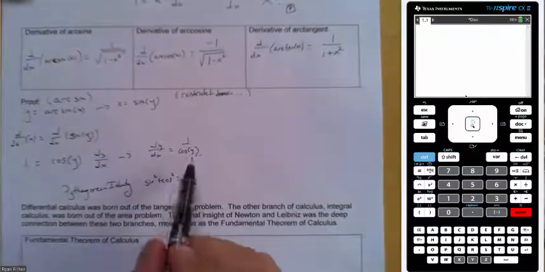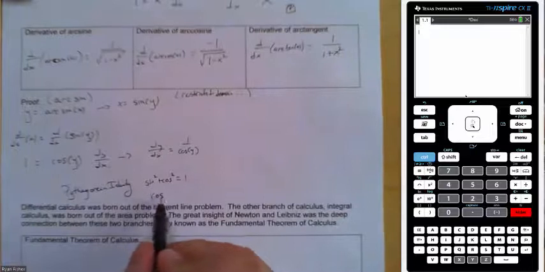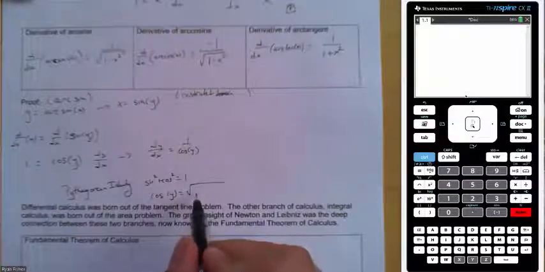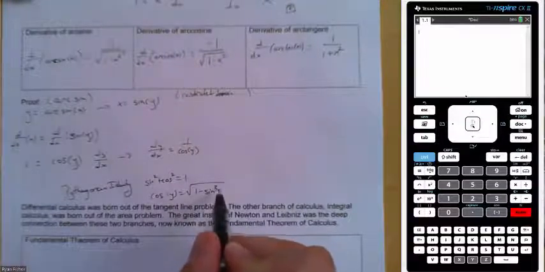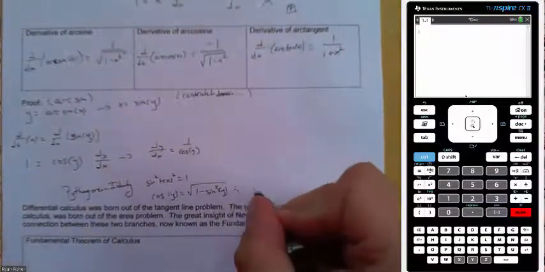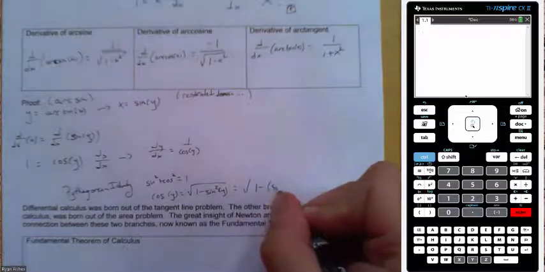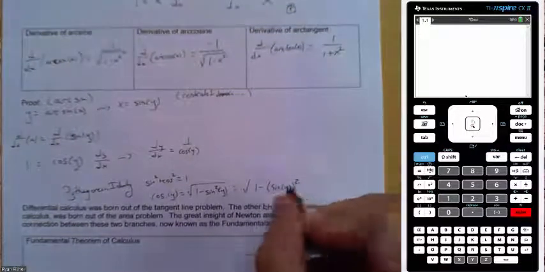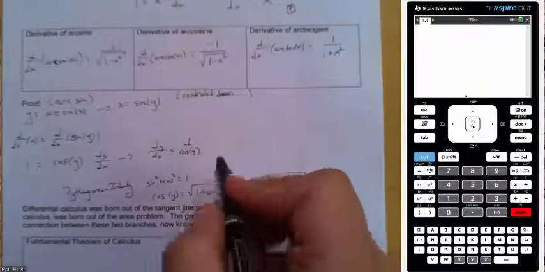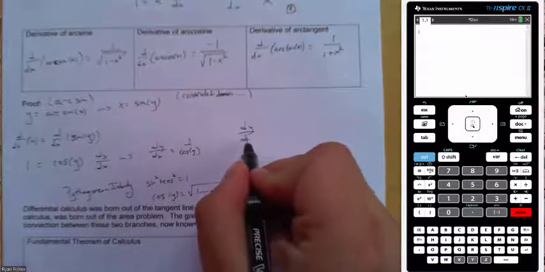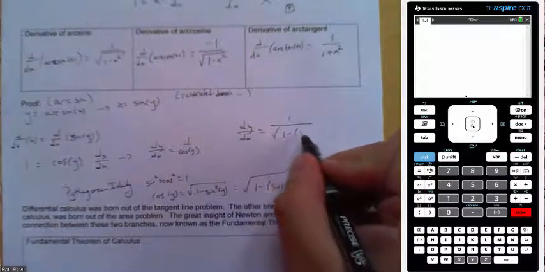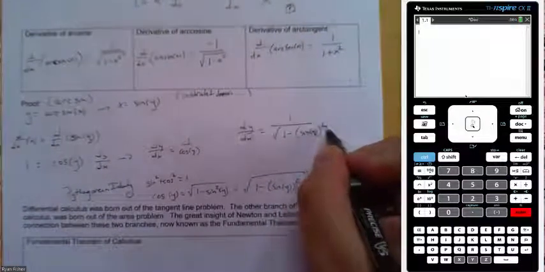So solving for cosine, we find that cosine of y is equal to the square root of 1 minus sine squared of y, which is another way to say square root of 1 minus sine of y squared. So this tells me that dy dx is equal to 1 over the square root of 1 minus sine of y squared.